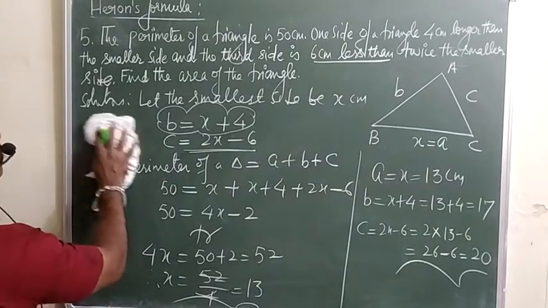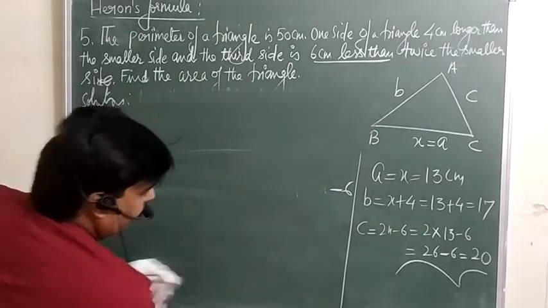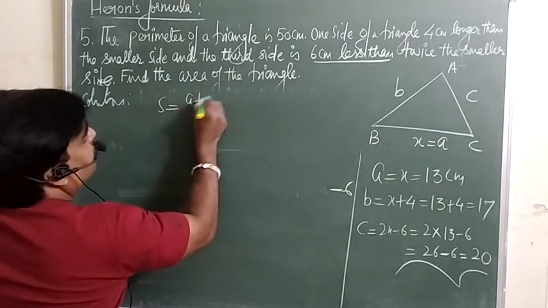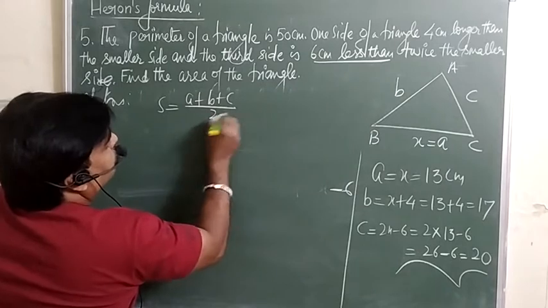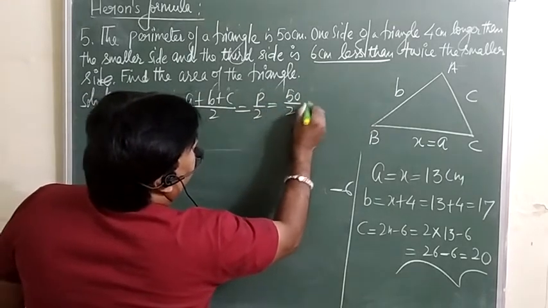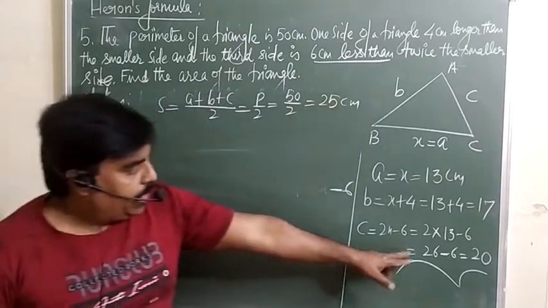Look here now. Now you know the sides, directly you can apply. So S is equal to a plus b plus c by 2, that is P by 2, that is 50 by 2, which is 25. So your semi-perimeter is 25 centimeter, and you know the sides here.